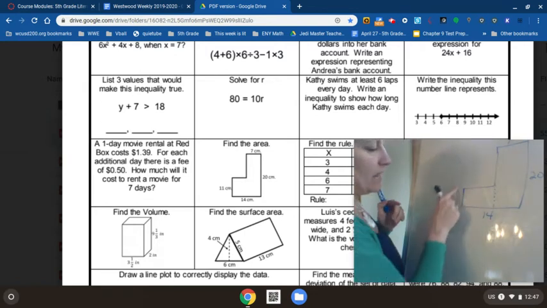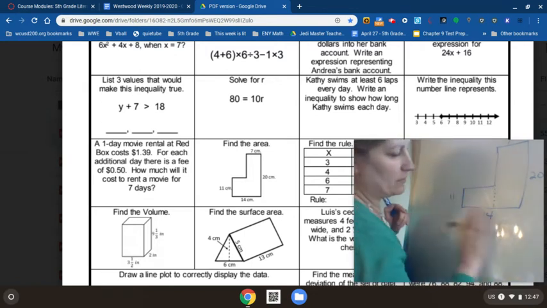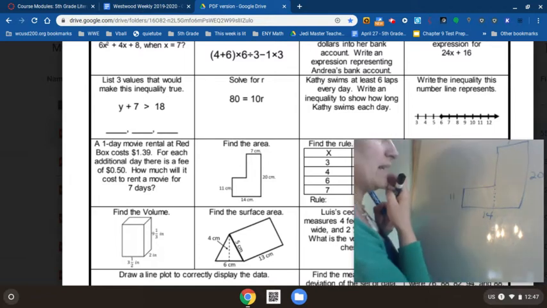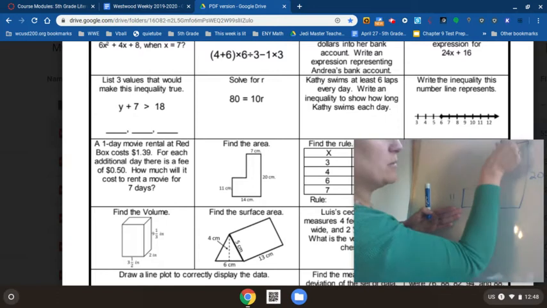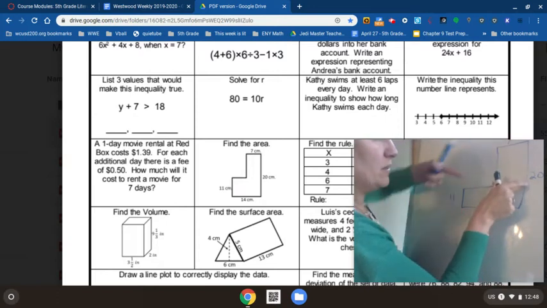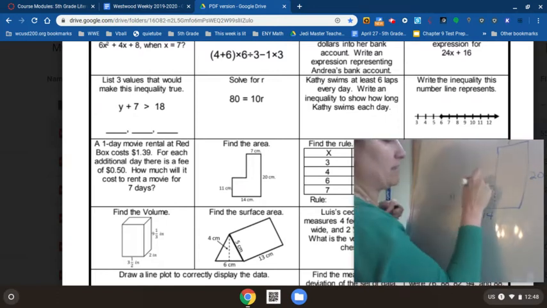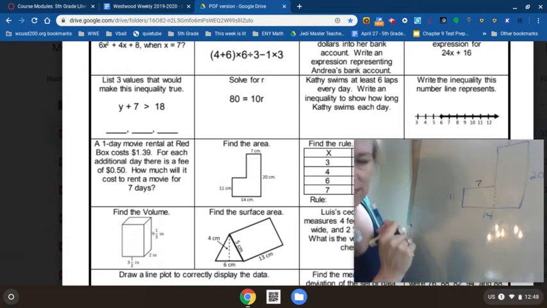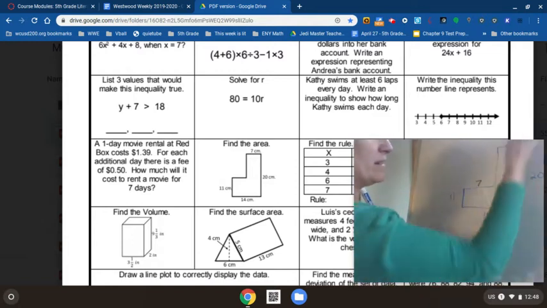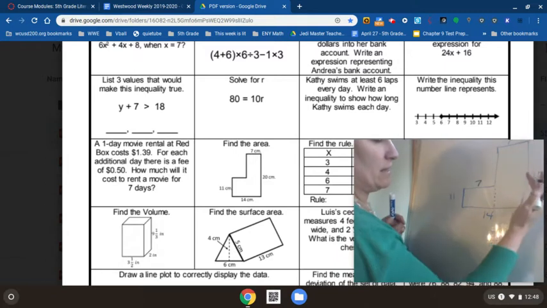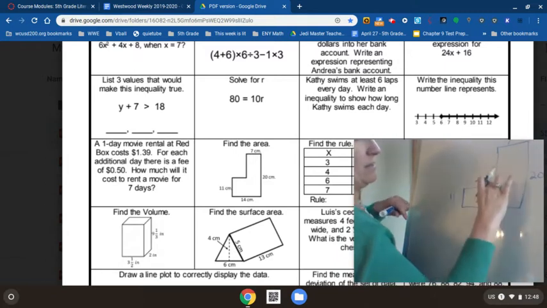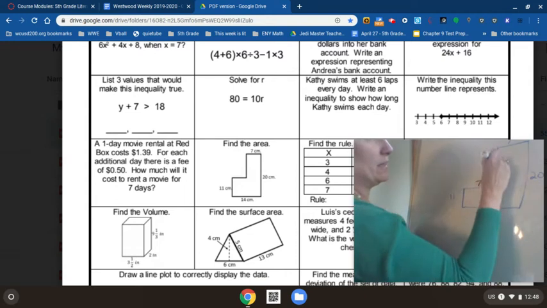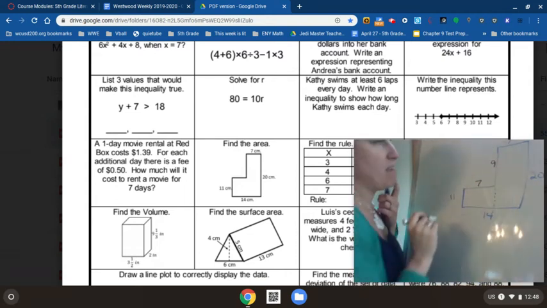So if this side is 11, this whole side's 14, but what is this little side? Well, the whole side's 14. I do see that this is 7. So the rest of it would be 7, because 7 plus 7 is 14. And then over here, the whole side is 20, but I can use this as 11. So 20 minus 11 is 9. There we go.